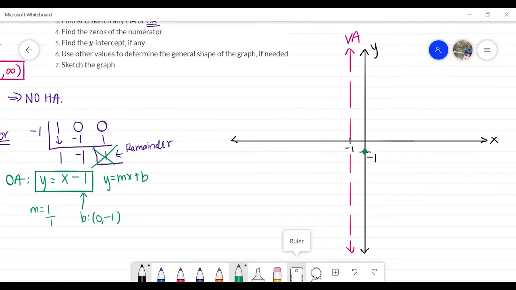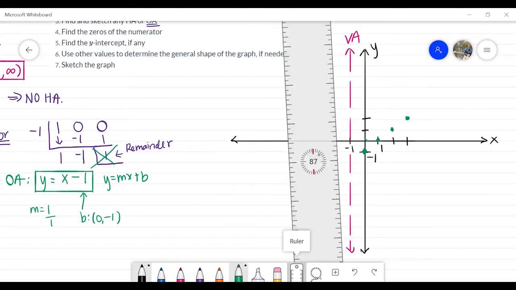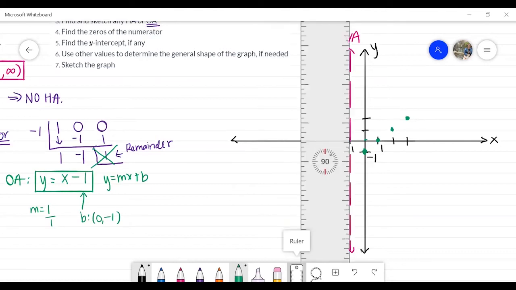So rising 1, run 1 that way. I could do that as many times as I want, really. That gets a little dangerous if my spacing is a little off, but hopefully we're okay.